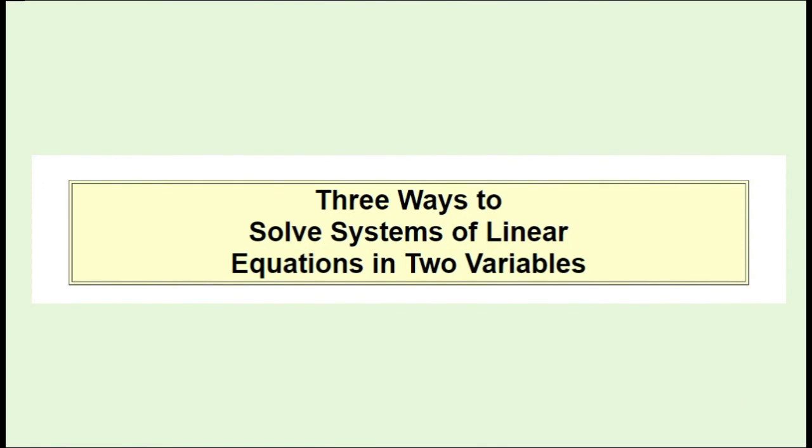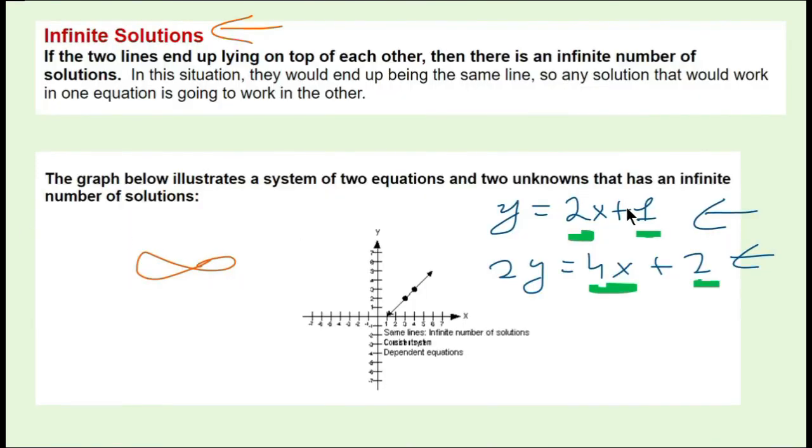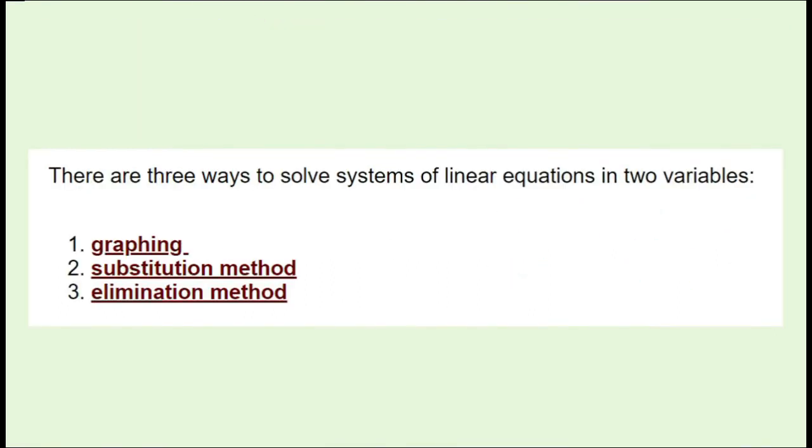Now you may wonder, alright, so we know three scenarios where systems of equations may have one solution, no solutions, or infinitely many solutions. But how do we solve that? How do we find that point without knowing the graph? Well, there are three ways to solve systems of linear equations. First one, of course, is graphing, and it's obvious. We've been using graphs so far.